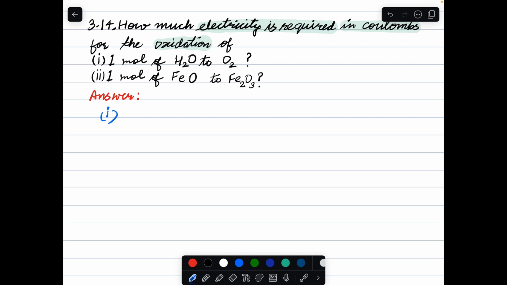Now, you know oxidation is loss of electron or increase in oxidation number.